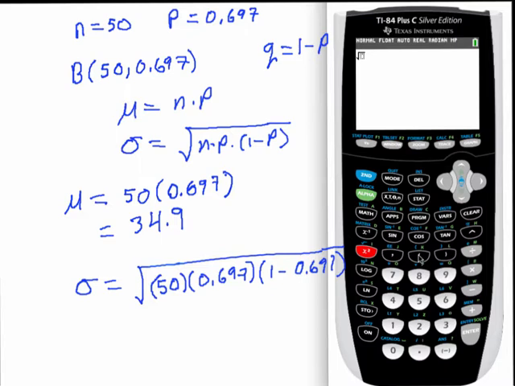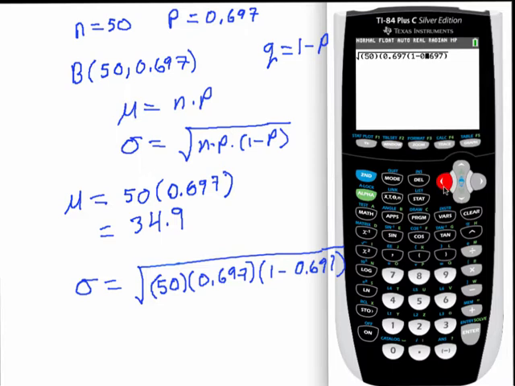So let's type it in the way we wrote it down: parentheses 50, parentheses 0.697, parentheses 1, subtract 0.697, close parenthesis, and then, like I said, if you're on an older calculator, close the parenthesis again. Oh, look at that, I made a mistake.